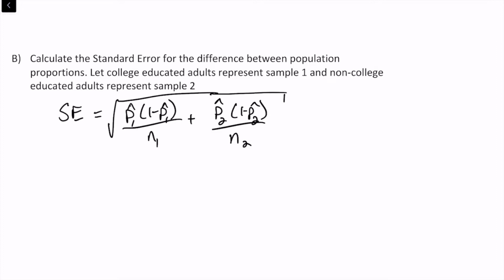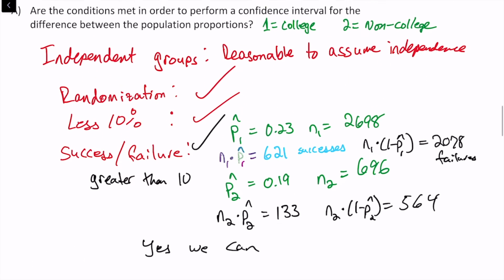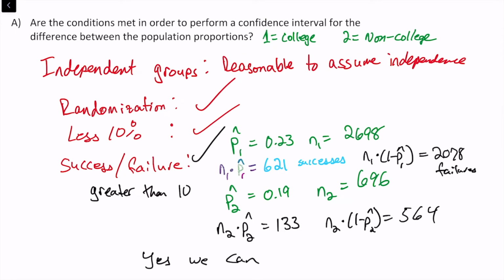All we have to do now is fill in our information. So the standard error equals the square root of P1 hat, which was 0.23. Let me say this really quickly, guys. In this particular question, they gave us P1 hat already.